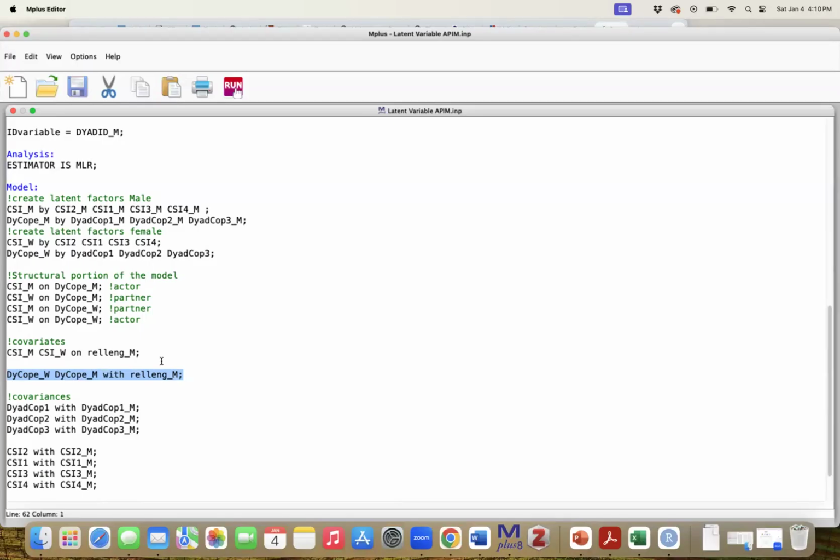And because dyadic coping is so highly correlated, when you run into multicollinearity issues, one of the indicators is an extremely high correlation between your IVs. That's not something you would necessarily see if you didn't actually hard code this into the model and couldn't see the output.